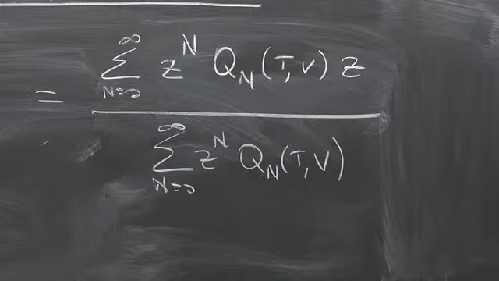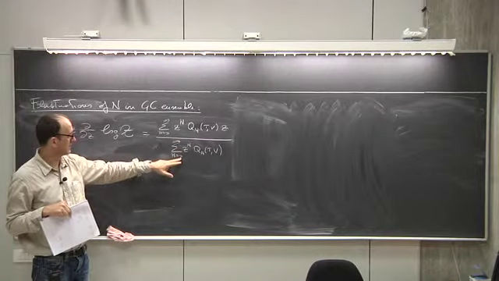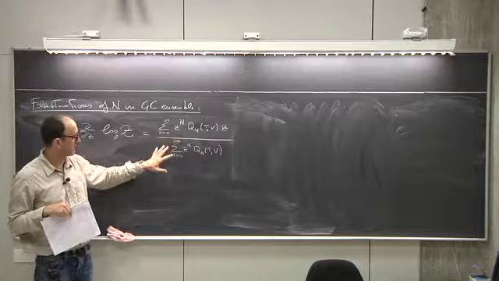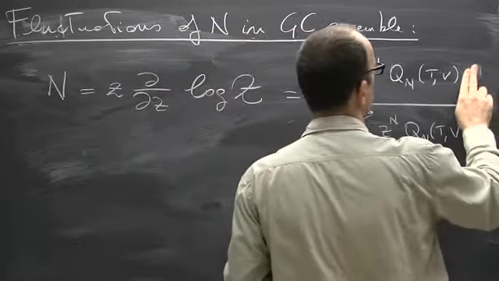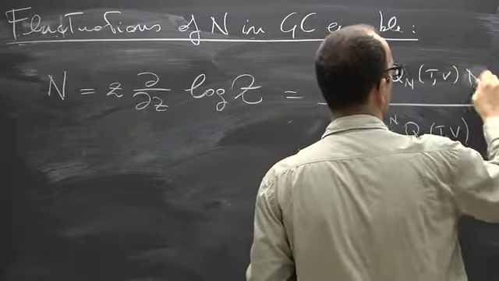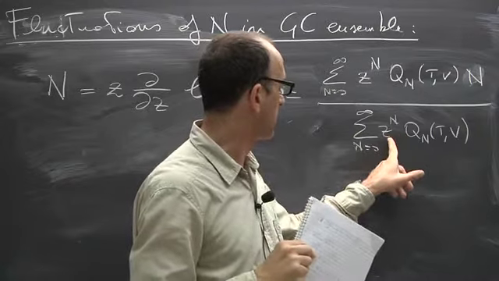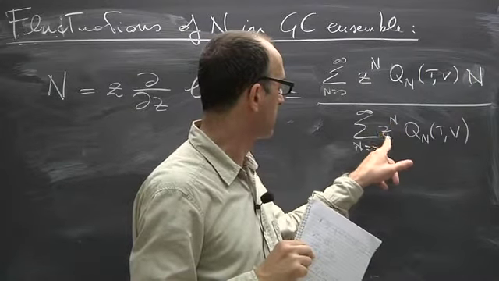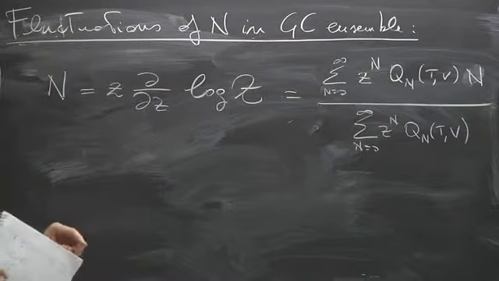Okay, so when you take the derivative of the log of the partition function, you get 1 over z, which is this. And then the derivative of this with respect to z gives you n times z to the n minus 1, and if you multiply by z, you get n z to the n.